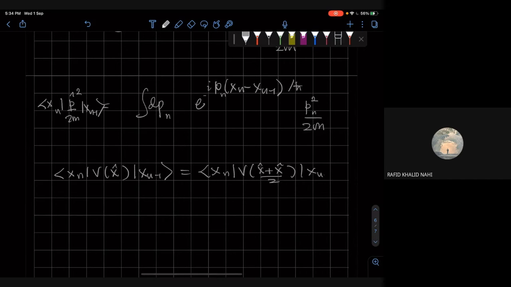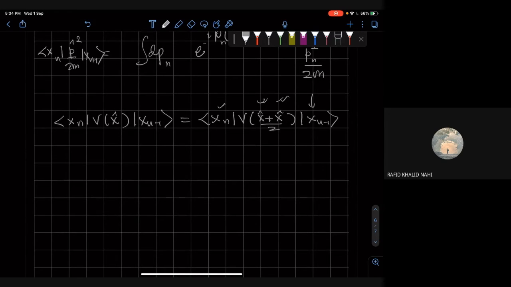So I can apply this operator on this side and this one on this side, right? And V can be a power series of its argument. After the action of the operator, we just get the exact function.